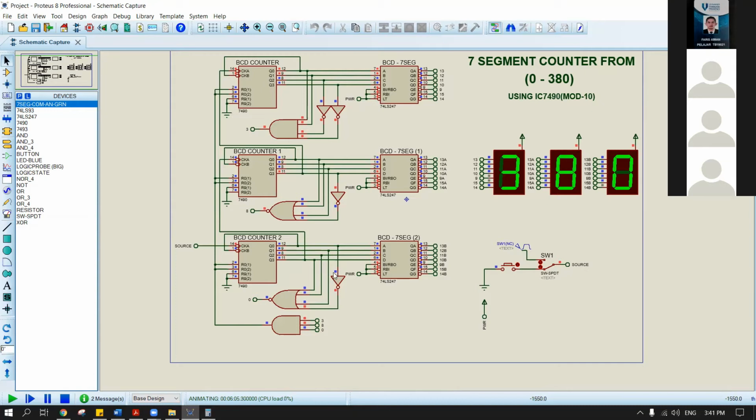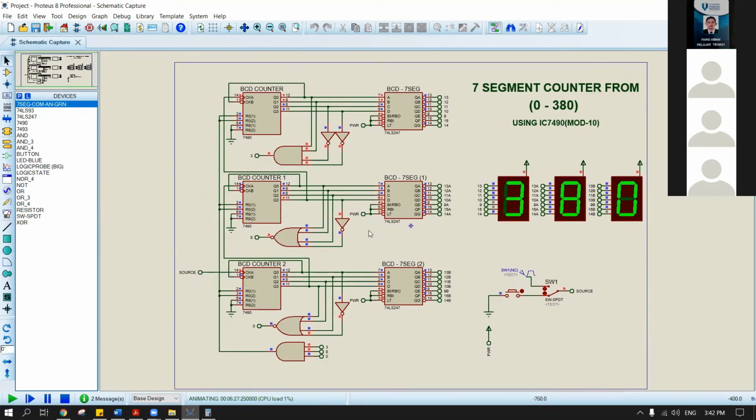But why I put the inverter here, because I want to make it number 1. So 1, 0, 0, 0 in BCD, in binary, in decimal, is number 1. So it will display 0. Then if the 0 counts up, it will reset all the counter.